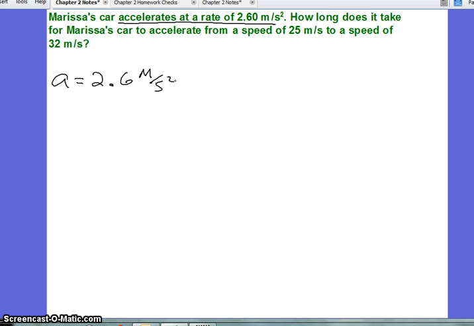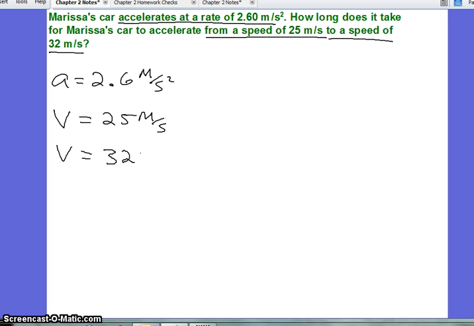I also see that she goes from a speed of 25 meters per second. So V is speed. And she goes to a speed of 32 meters per second. So we have two of these speeds. We need to distinguish between them. The word from lets us know that that is her beginning or initial speed.